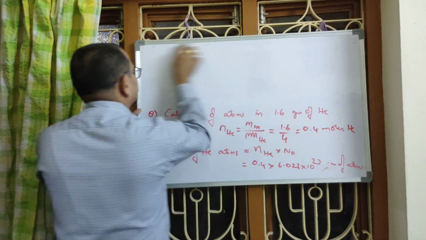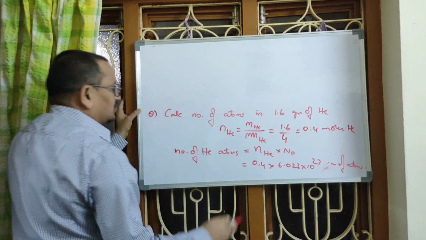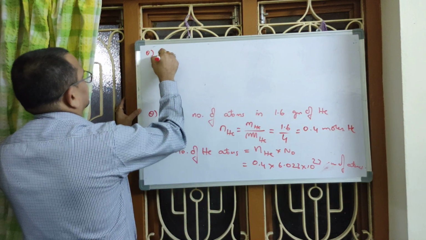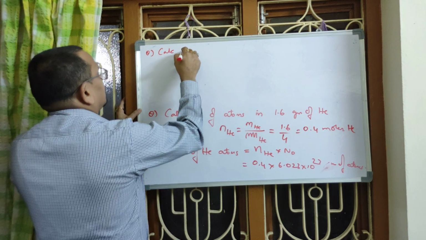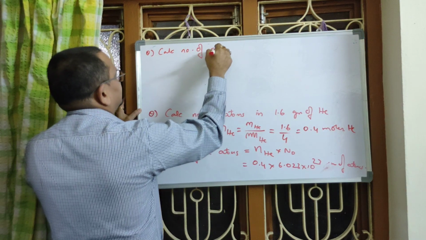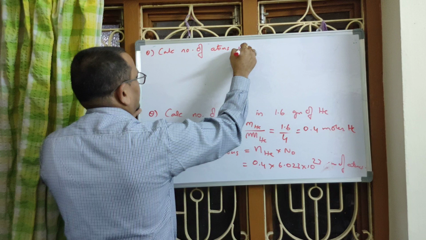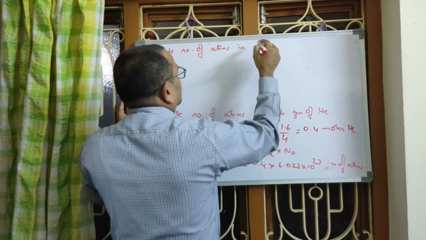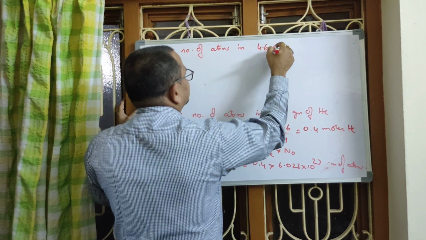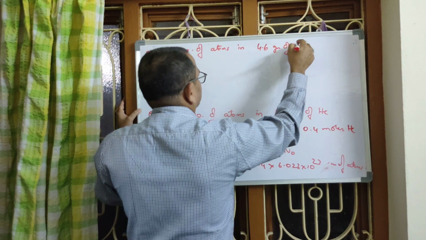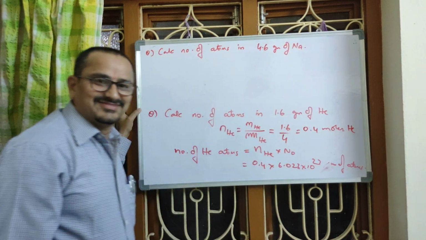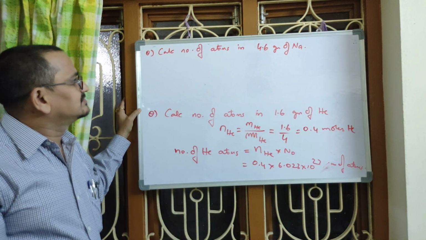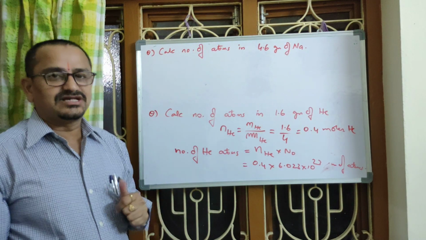See, the question is to calculate number of atoms in 4.6 grams of sodium. Calculate number of atoms in 4.6 grams of sodium.